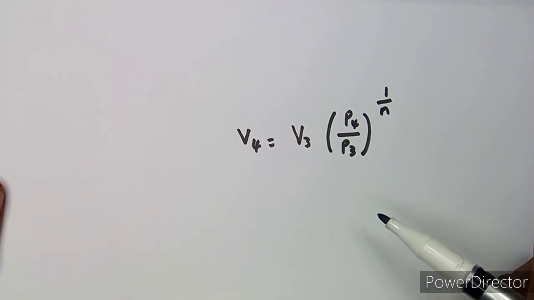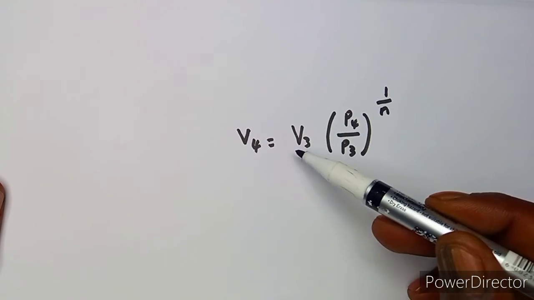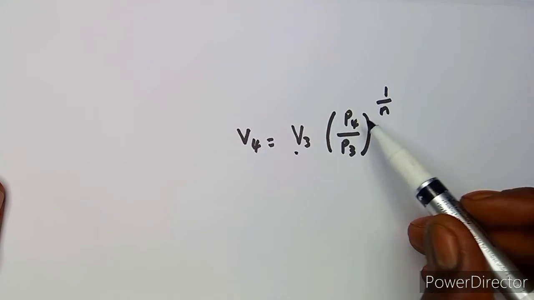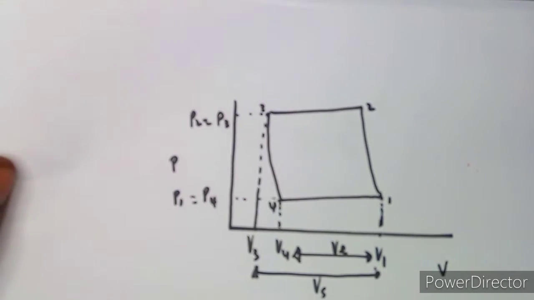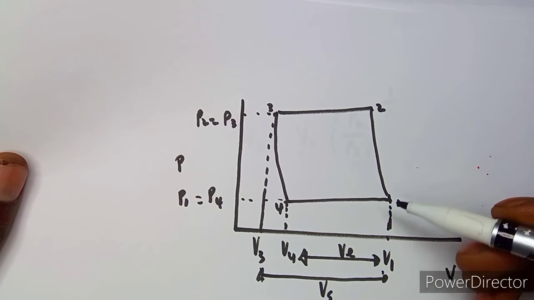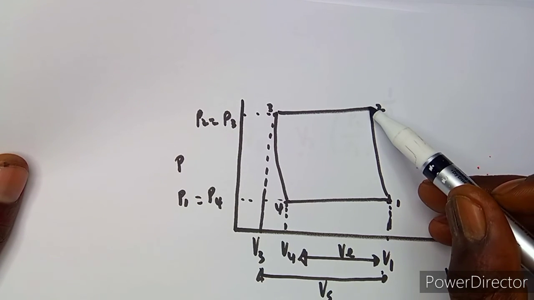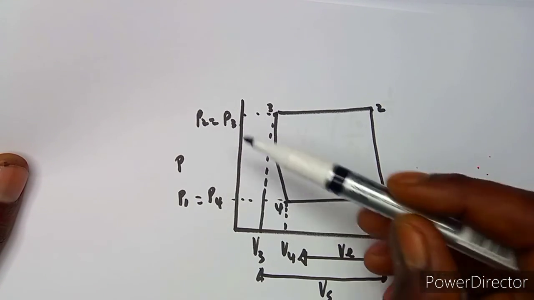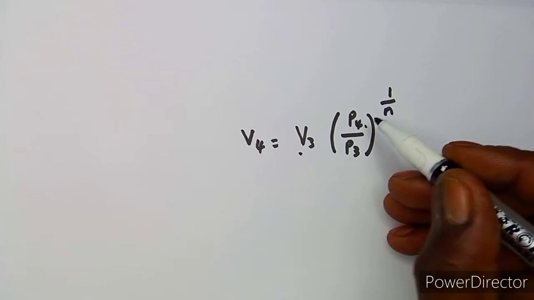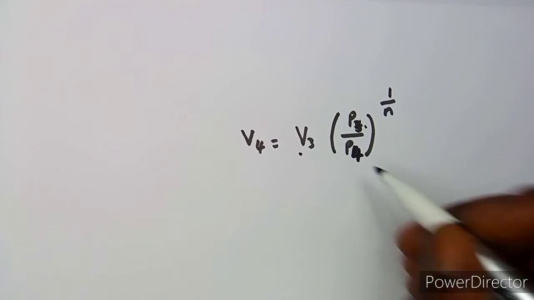This is actually what you're going to have, but in this case we have got our V3. P4, remember we said P4 is the same as P1. So it's actually supposed to be P3 over P4. Let's just put it this way, guys, so that it can actually make sense here.